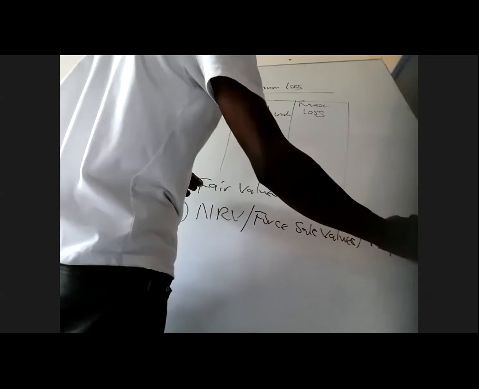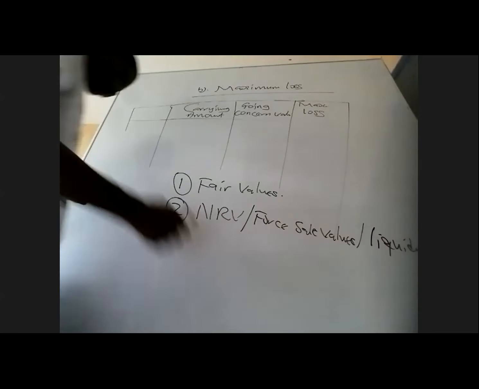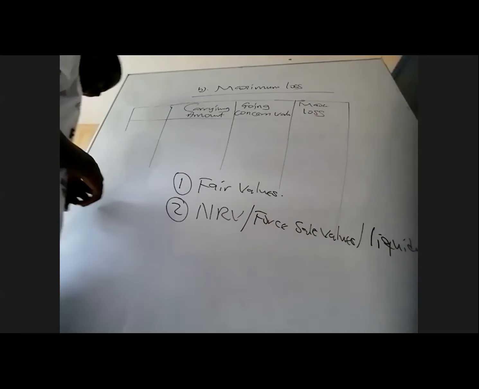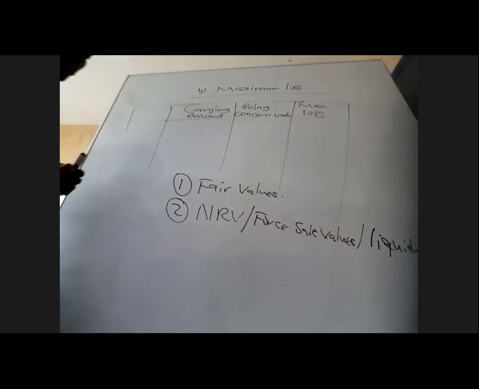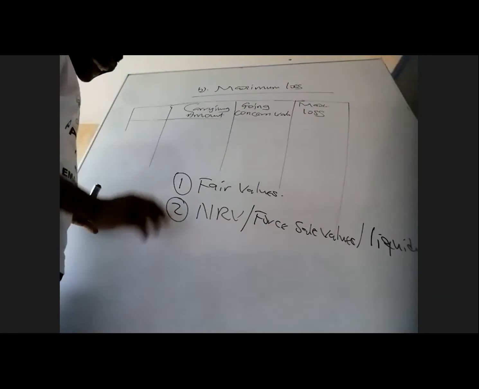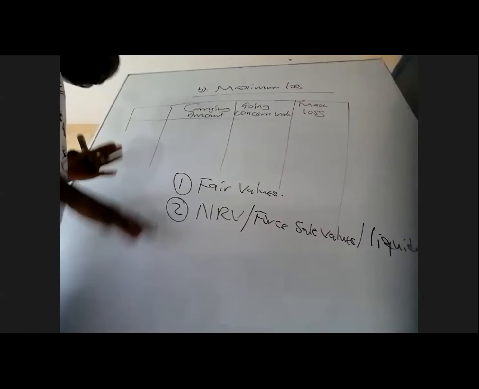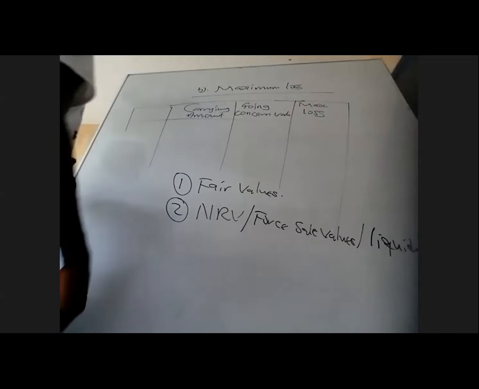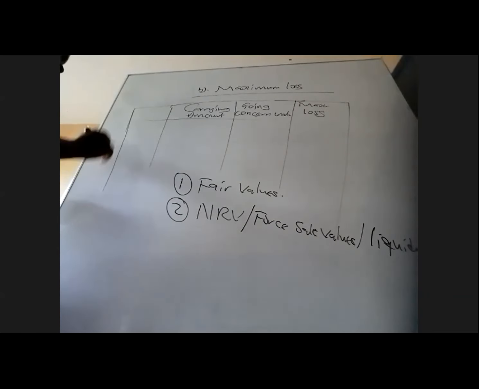Good. But in the question, if the fair values of the assets are given to you, and you went ahead to select the NRV, good, you are wrong. So basically, that is it.